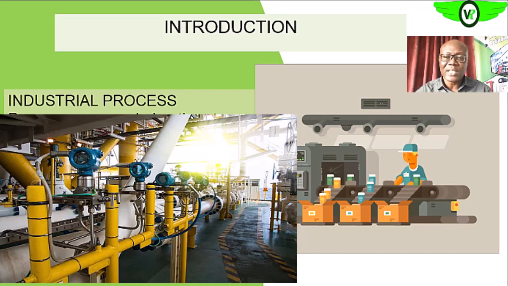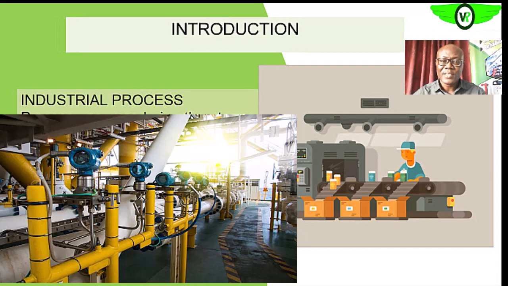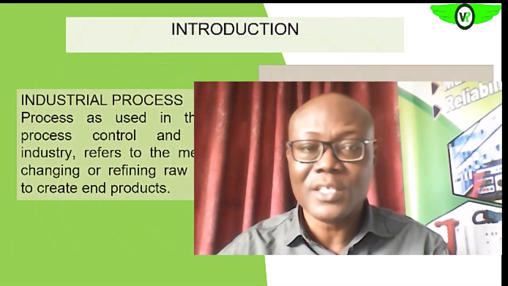So we can say that process, as used in the terms of process control and process industry, actually refers to the method of changing or refining raw materials to create an end product, which means what we are talking of at this stage is a series of steps that you need to take in order to change the raw material that you have into a finished product or an end product. That is the industrial process that we are talking about.